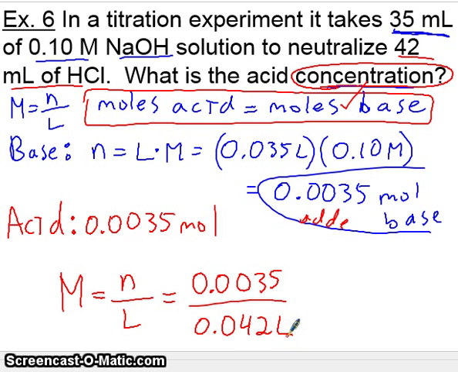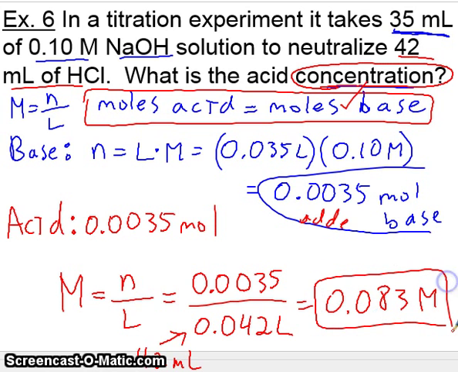And if it helps, you can make a little note that we converted this from 42 mL. Okay, so if you divide these two numbers, 0.0035 over 0.042, you get your answer, 0.083 molar. And here it is.